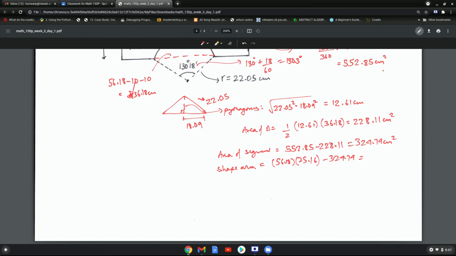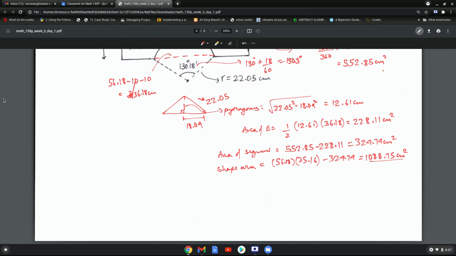That comes out to 1088.75 square centimeters. So that's going to be the area of the pattern.